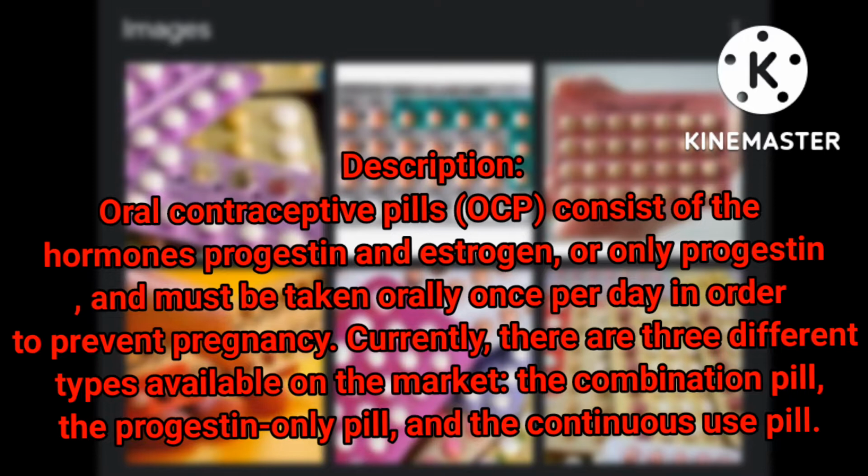Oral contraceptive pills, or OCP, consist of the hormones progestin and estrogen, or only progestin, and must be taken orally once per day in order to prevent pregnancy. Currently, there are three different types available on the market: the combination pill, the progestin-only pill, and the continuous use pill.